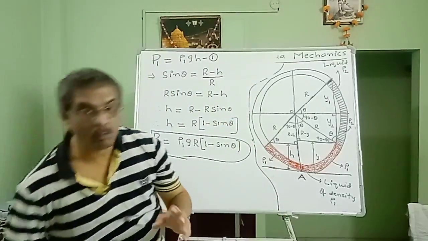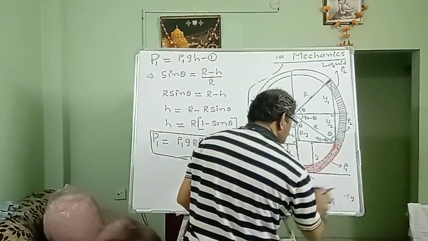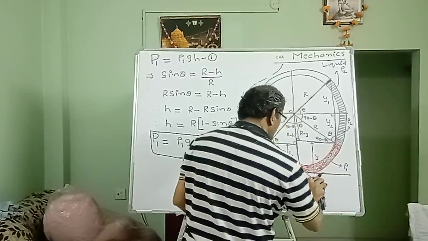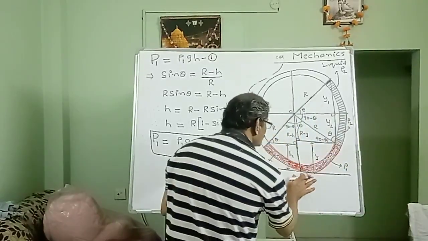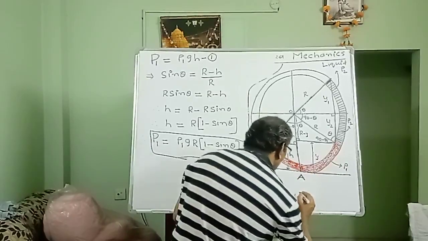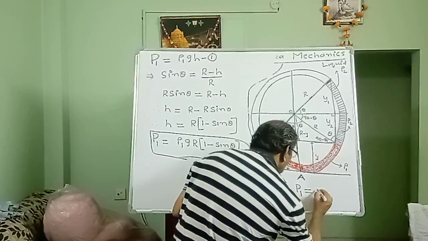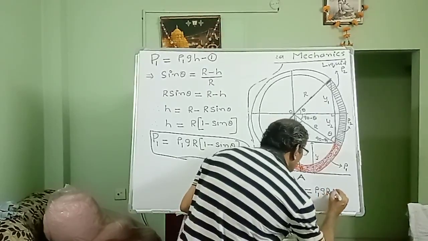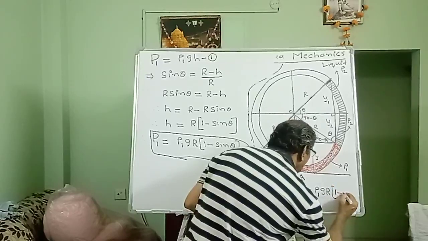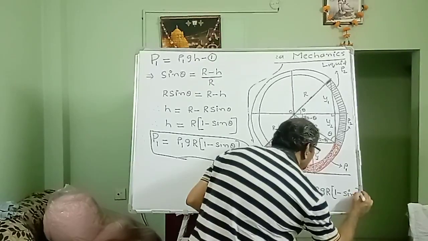So now I will note down here so that I can remember for the later part of the expression. So P1 will be numerically equal to rho 1 g r multiplied by 1 minus sine theta.